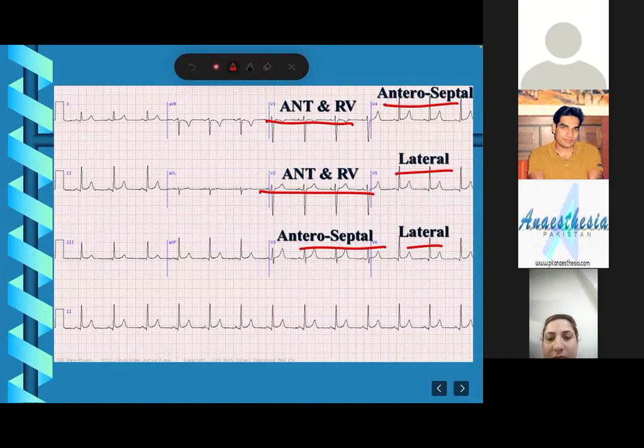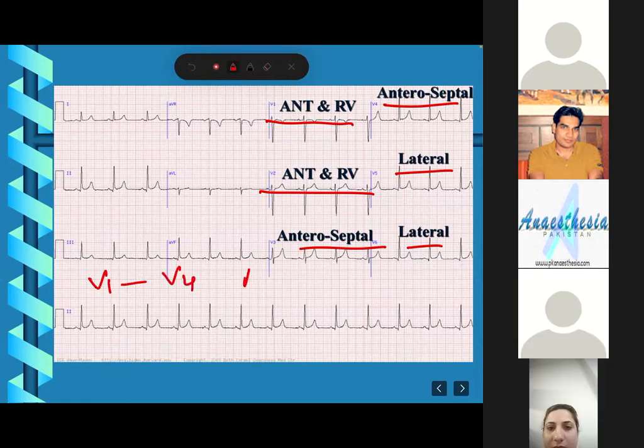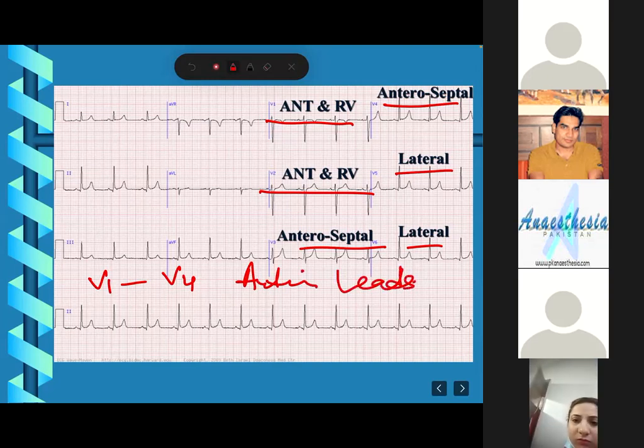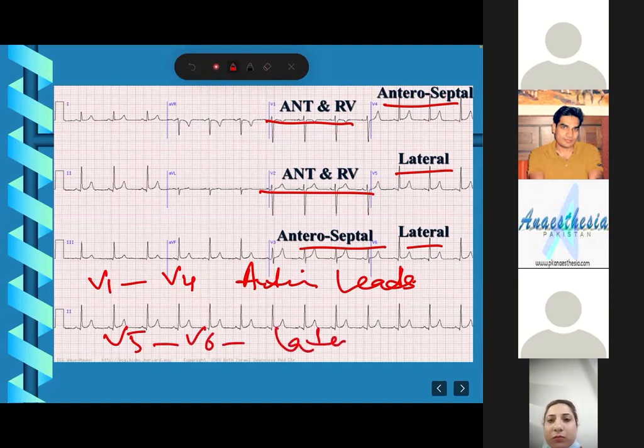Combined, V1 to V4 are the anterior leads, and V5 to V6 are the lateral leads. So any change in two concordant leads must be important.